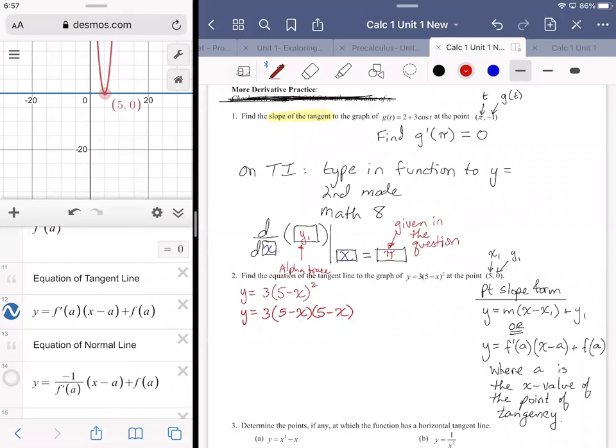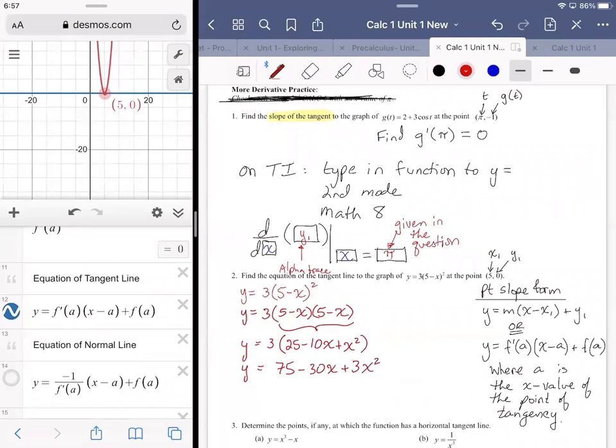So distribute it out, or at least this part, 25. The outer is negative 5x, inner is negative 5x, so negative 10x plus x squared, multiplied by 3 gives you 75 minus 30x plus 3x squared.